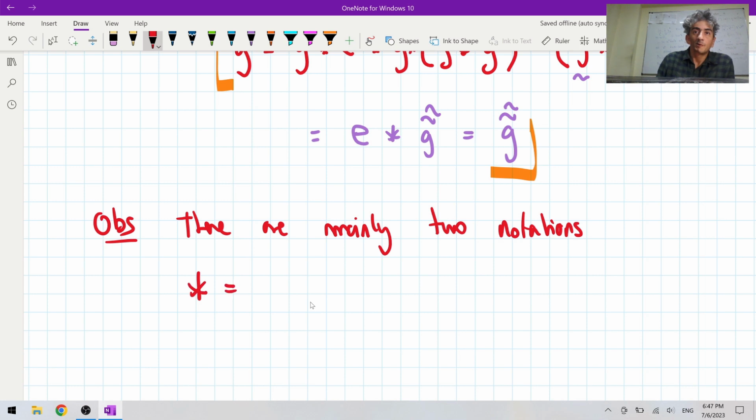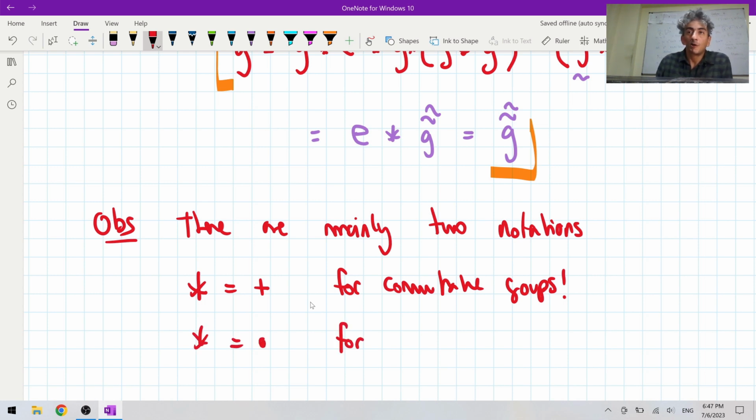We use plus for commutative groups, and we use dot for not necessarily commutative groups.